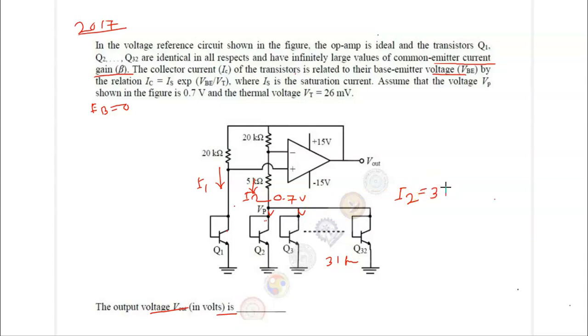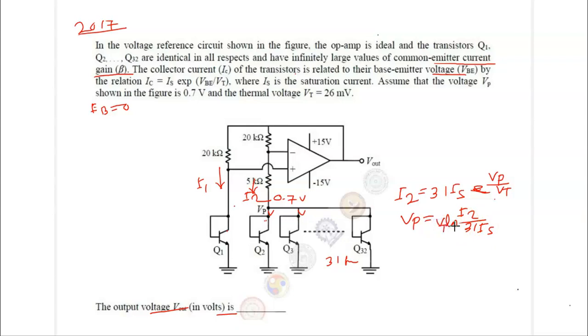So you have 31 IS e raised to the power VP upon VT, right? So you can find VP is equal to VT ln of I2 upon 31 IS.